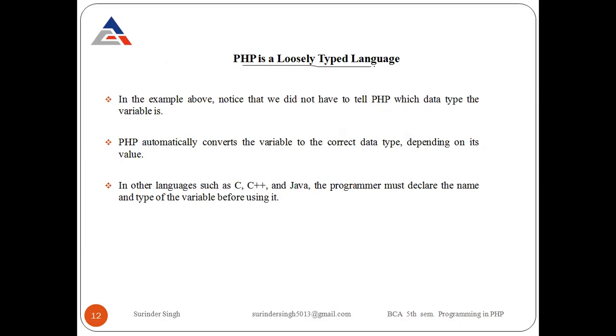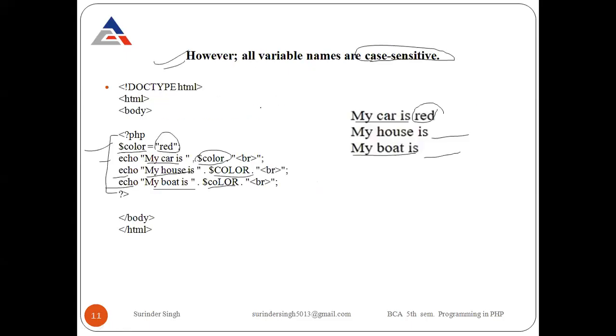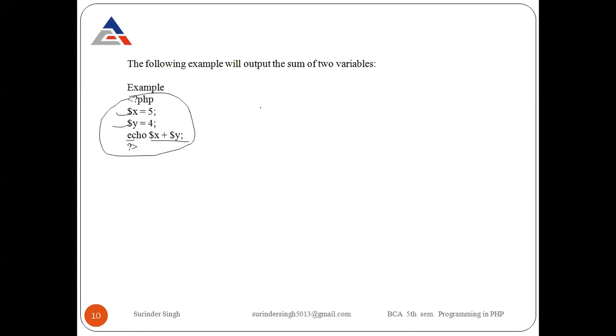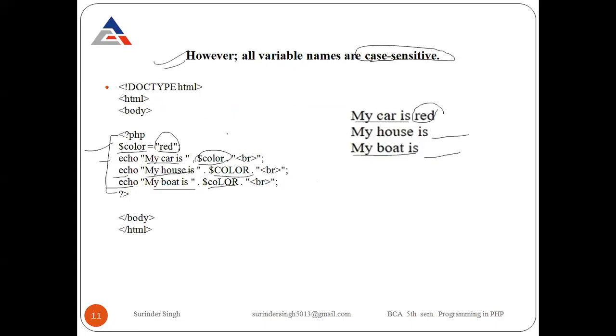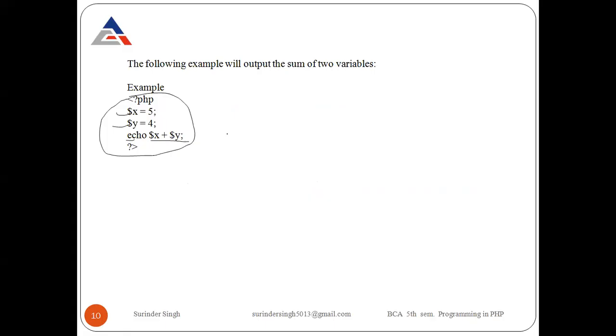Then next is PHP is a loosely typed language, which means in this example, or any example you can consider, we did not have to tell PHP which data type the variable is. We are not mentioning any type with the variable.